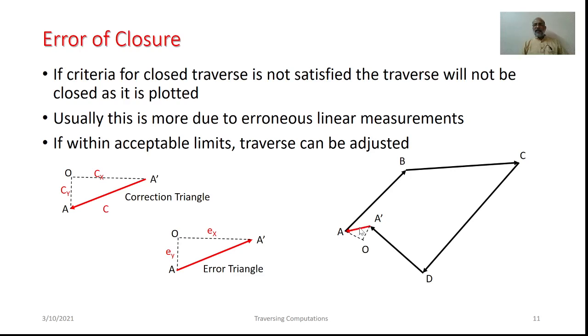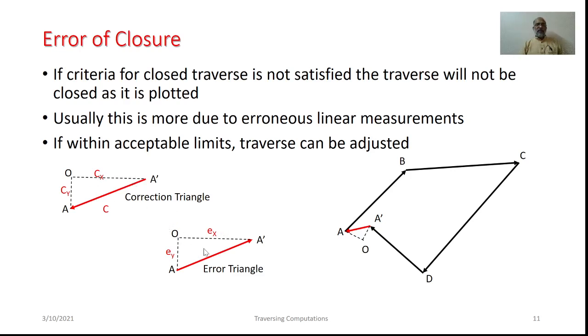As such, here it has closing error AA dash. It can be considered again in its two respective components as EX and EY, and hence this can be considered as the error triangle. With their opposite signs, we can have the correction triangle.